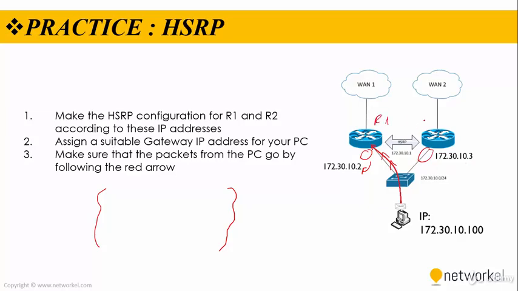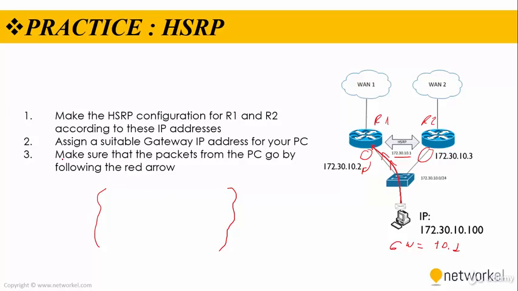And I need to assign a suitable gateway IP address. That's going to be our HSRP IP, so the gateway will be 10.1 for the PC.